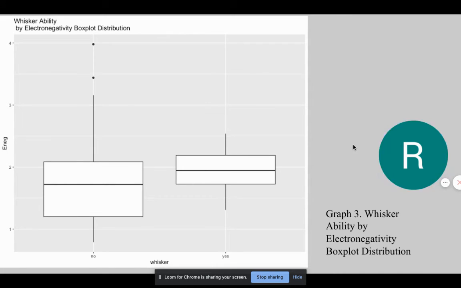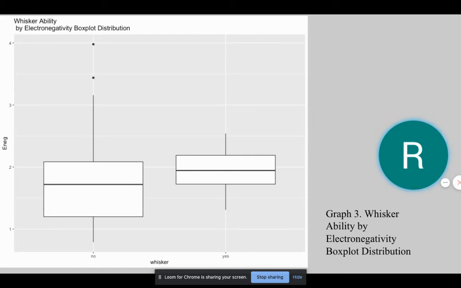And so we can see that the median value, which is this black line, for the elements that whisker is higher than the median value for elements that don't whisker.